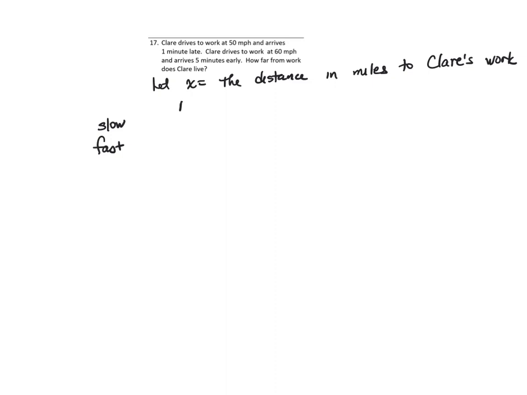And we don't know the distance, so let's call that x. Whether she's traveling slowly or quickly, the distance is still x. The rate, well, when she travels slowly, it's 50 miles per hour, and when she travels quickly, it's 60 miles per hour. So the time would be x over 50 at a slower rate and x over 60 at a faster rate.